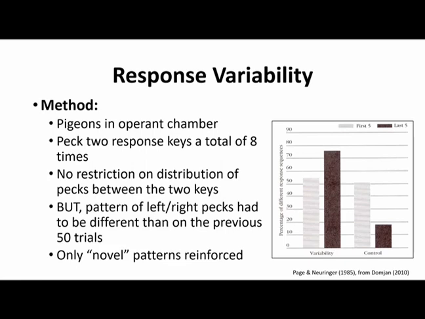We're just saying that it doesn't have to be stereotyped. We can reinforce for variability, and we can see variability. It's not as hard a rule as what we might have inferred if we just took Skinner and Thorndike's definitions and ideas at face value.